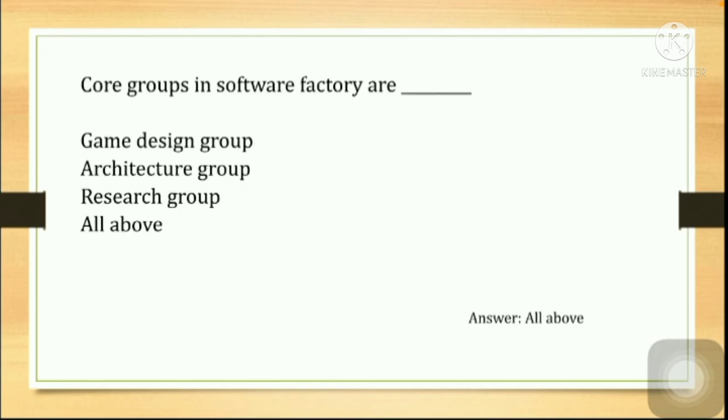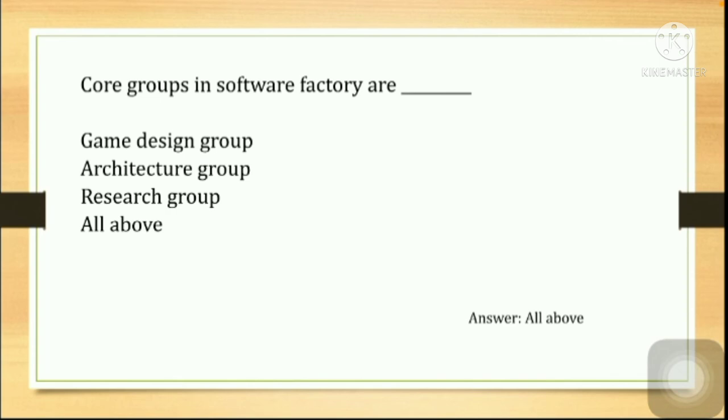Next, core groups in software factory. For their interactions, there are 6 types of core groups. The first core group is the game design group, which creates ideas and develops the design documents. Architecture group builds the overall architecture and interaction between the teams. Next is the tools group, which lists the tools required for each level.